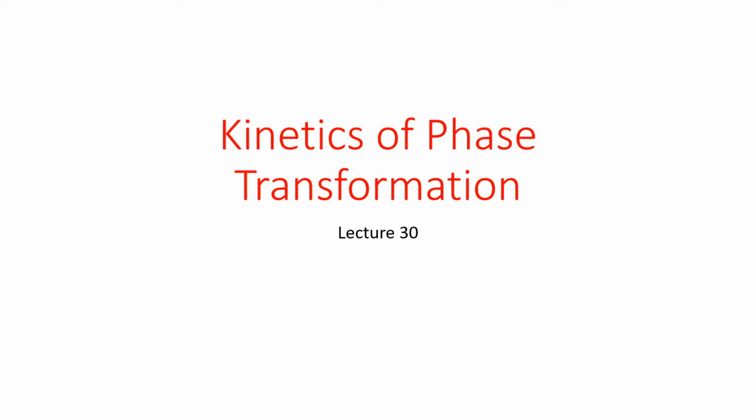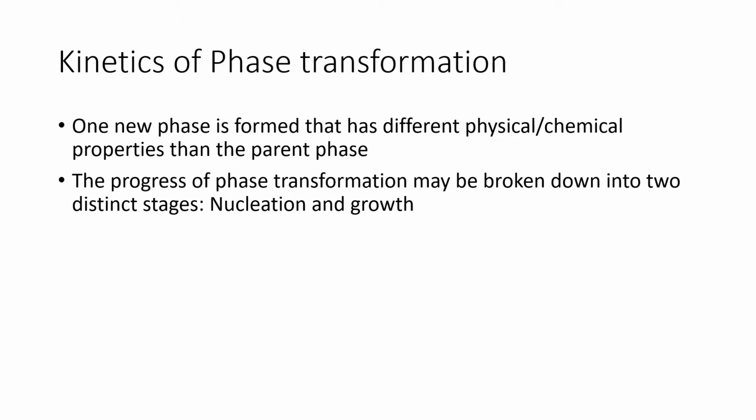With a phase transformation, normally at least one phase is formed that has different physical or chemical characteristics than the parent phase. The structure may also be different from the parent phase.